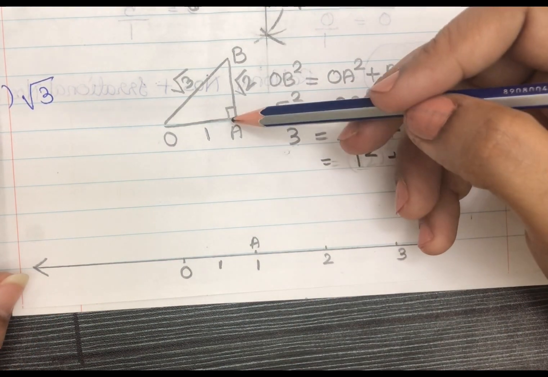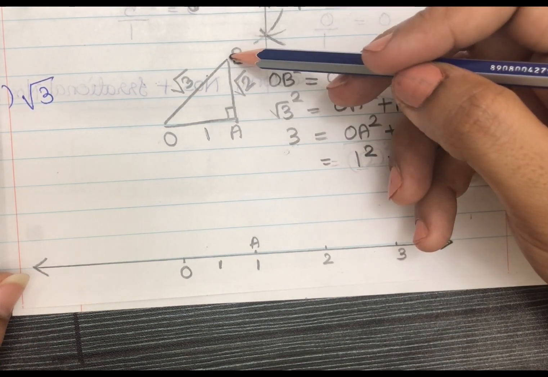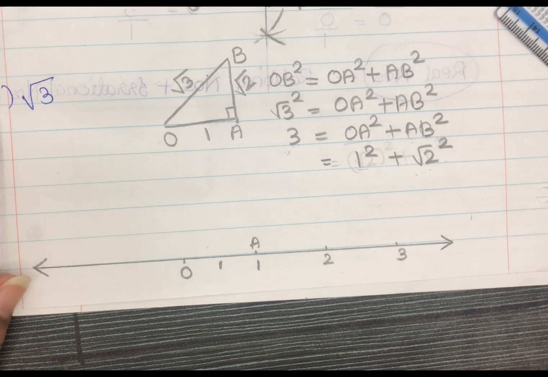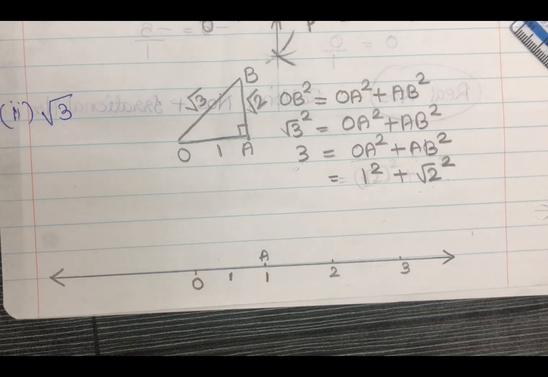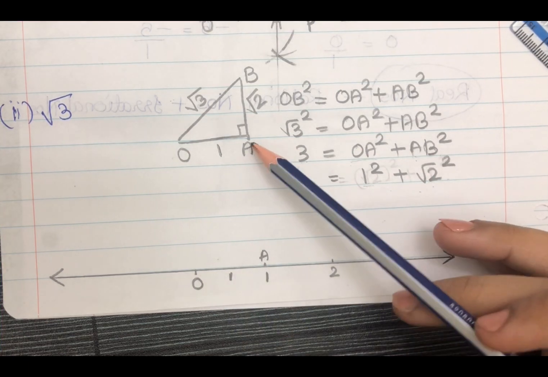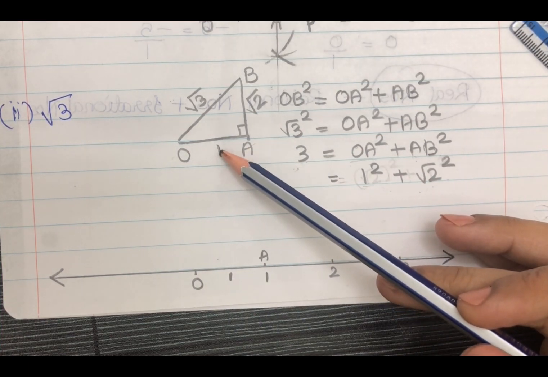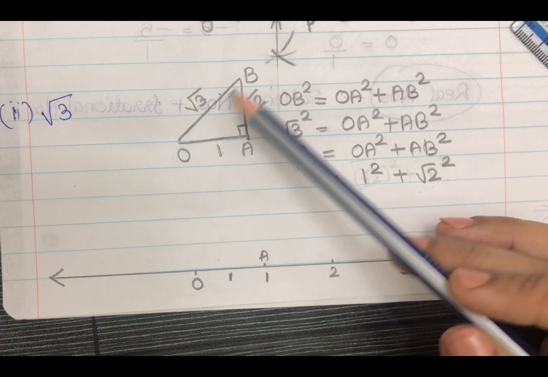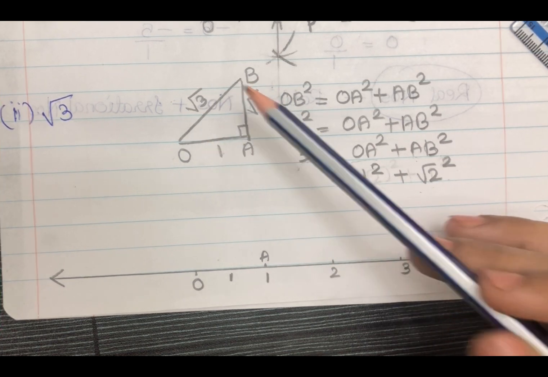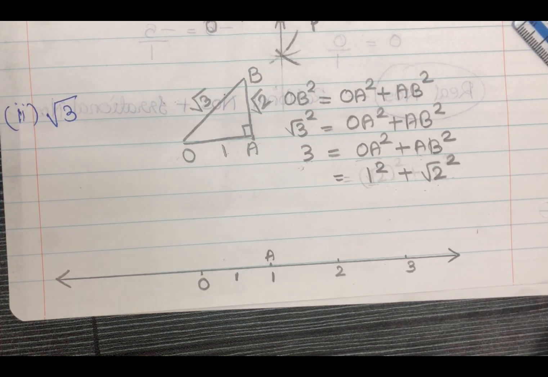Now we need to plot what? Root 2. So first we'll plot root 2. How will we plot root 2? You know that if a right triangle has OA and AB as 1, then we'll get the hypotenuse as root 2. We have done it earlier, right?